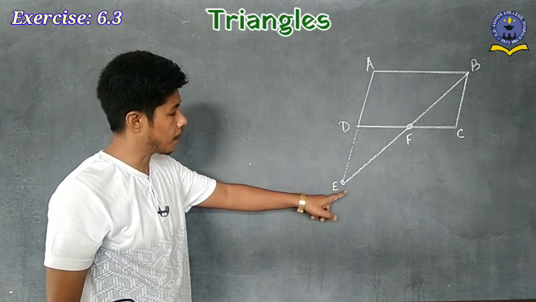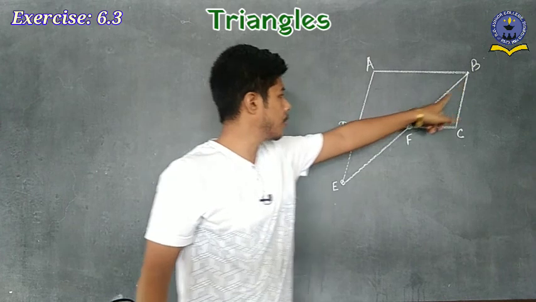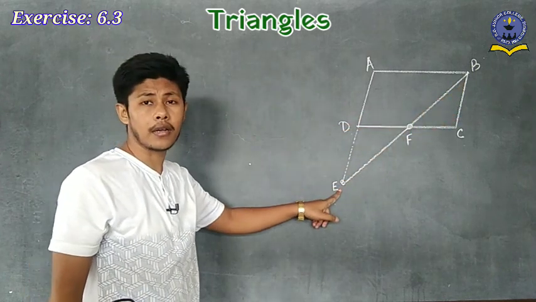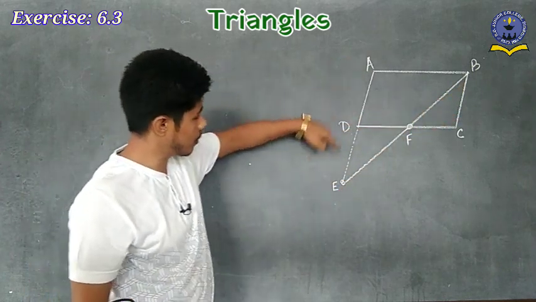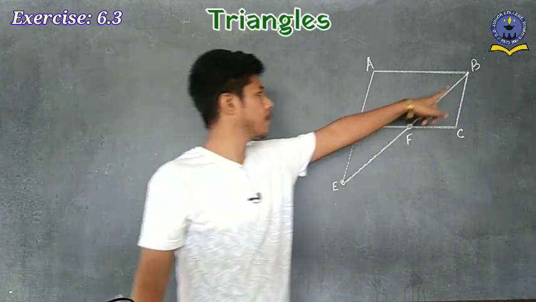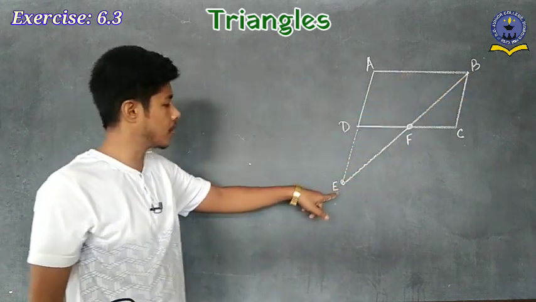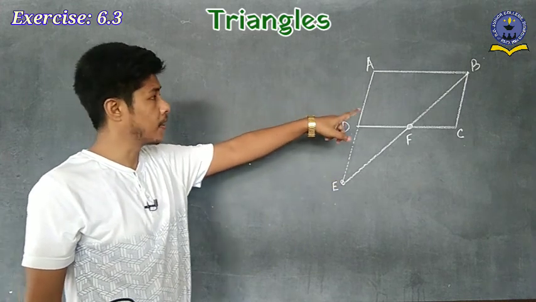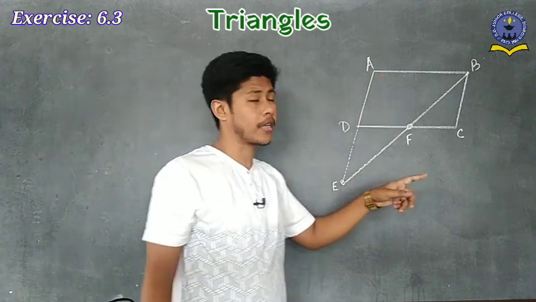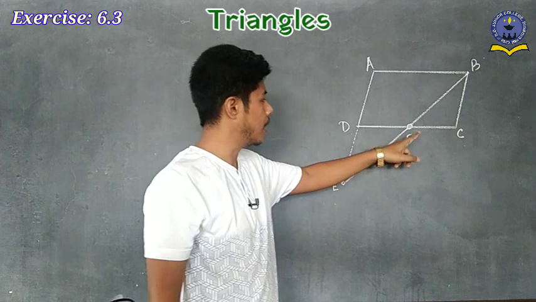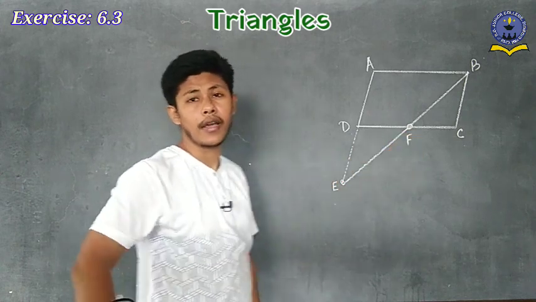And now from B, again we join E. First of all we produce AD up to E, and then from B we join E, and when we join E with B, this line BE intersects the CD line at one place, which we denote by F here.